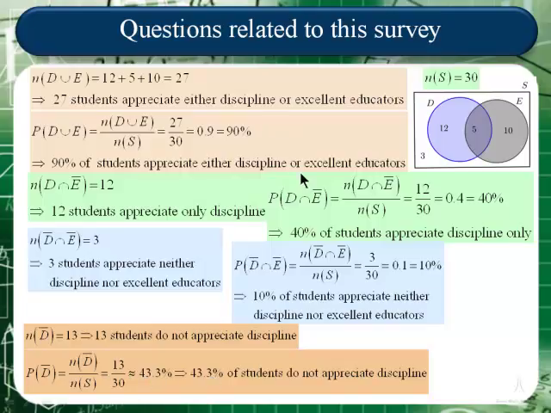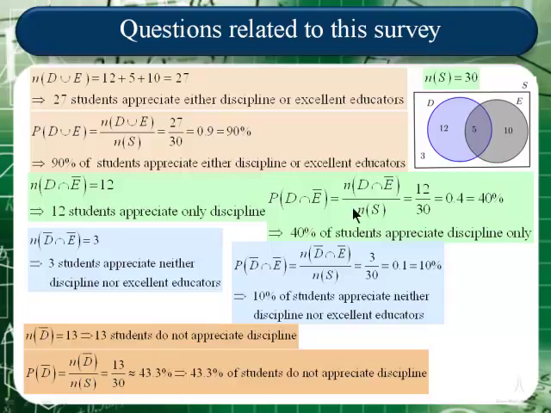We can also calculate, I've left out a couple of other areas, like for instance this area where we find the 10 students. That's the number of students that appreciate excellent educators only. So the probability that a student will appreciate excellent educators only will be 10 over 30, or a third, or 33 and a third percent.